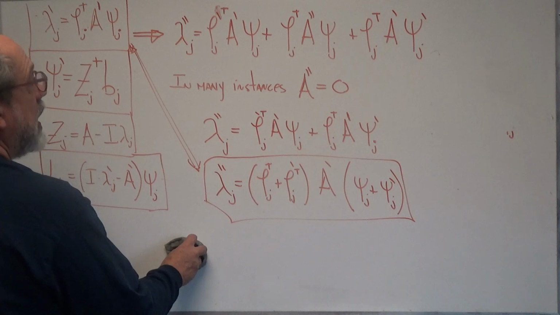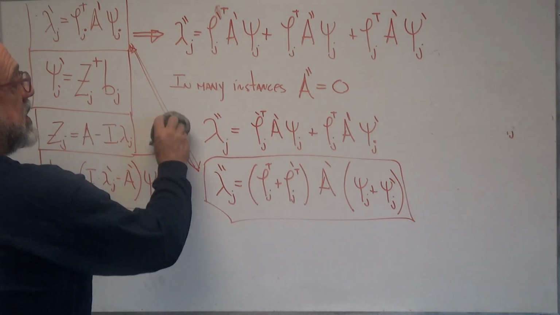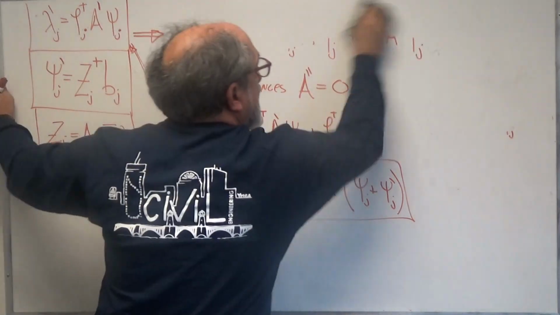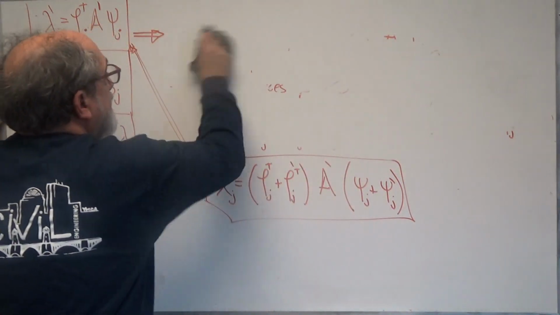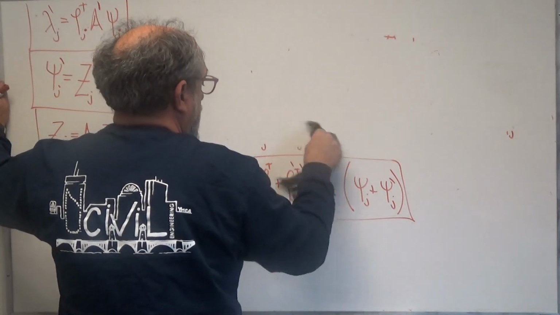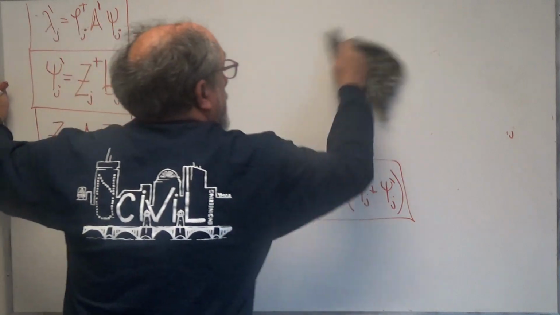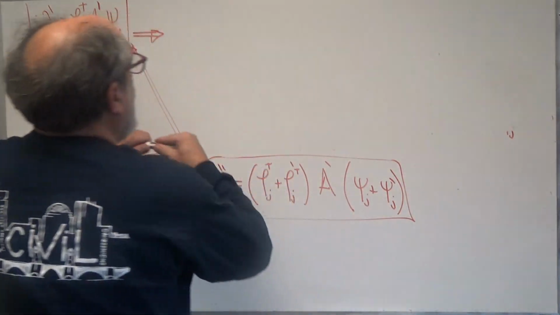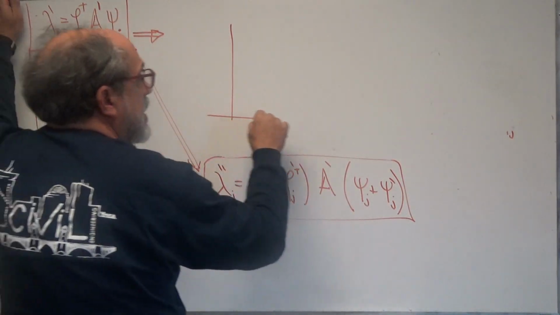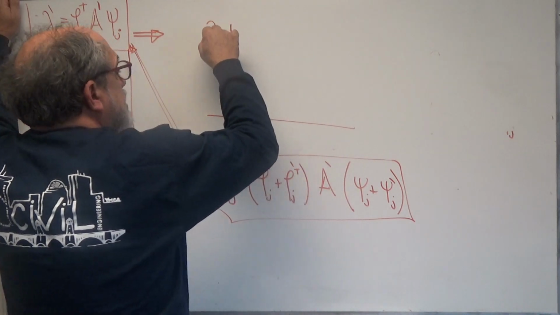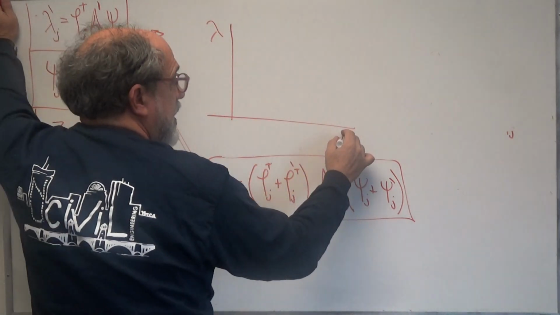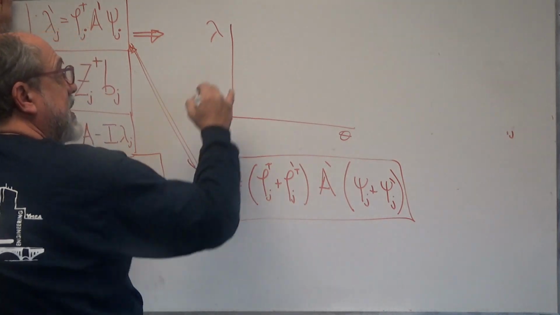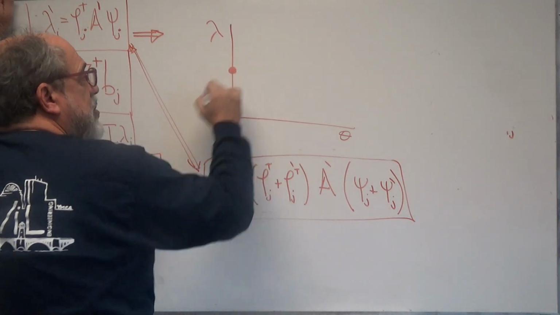Well, let's see, I can erase this part and still leave it there. Imagine that you plot, or consider the case where you plot the eigenvalue here, and let's say the parameter here. So when the parameter hasn't changed, the eigenvalue is this much.